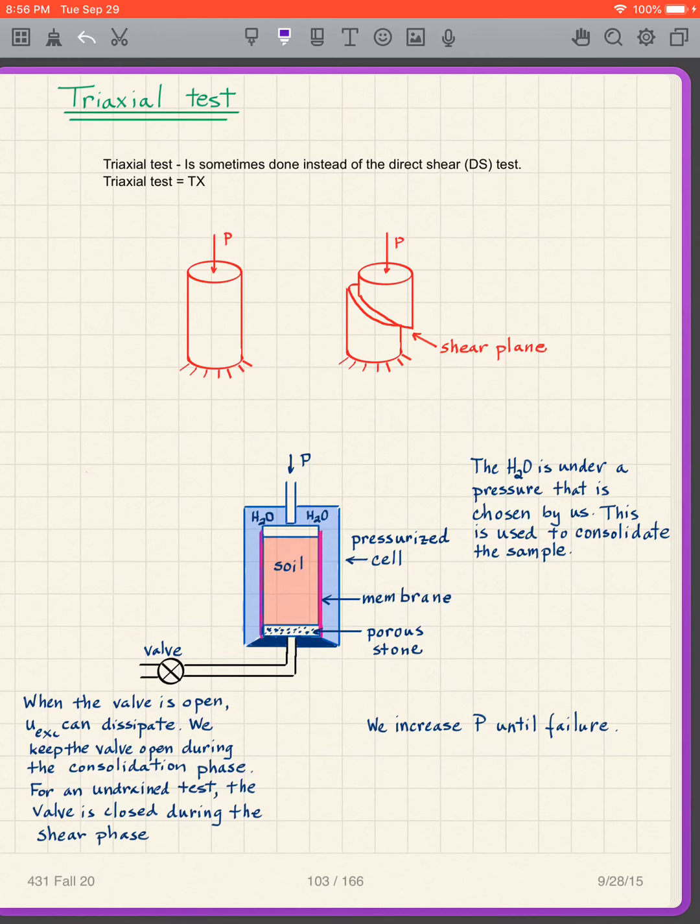During the consolidation phase, we keep the valve open. If we're going to run an undrained test, a quick, fast test, the valve is closed during the shearing phase, just to make sure we don't get any excess pore pressure dissipation.